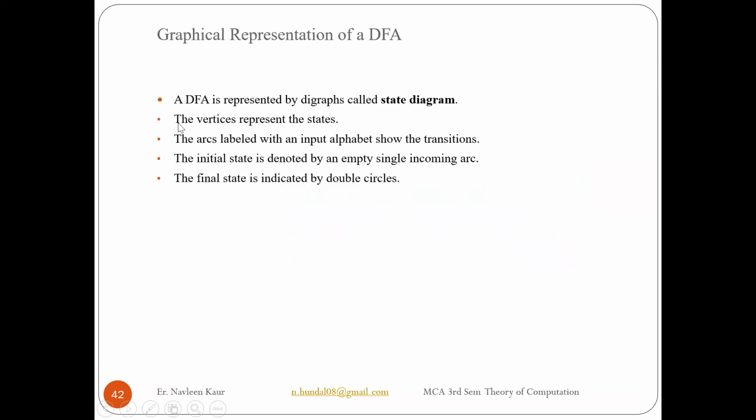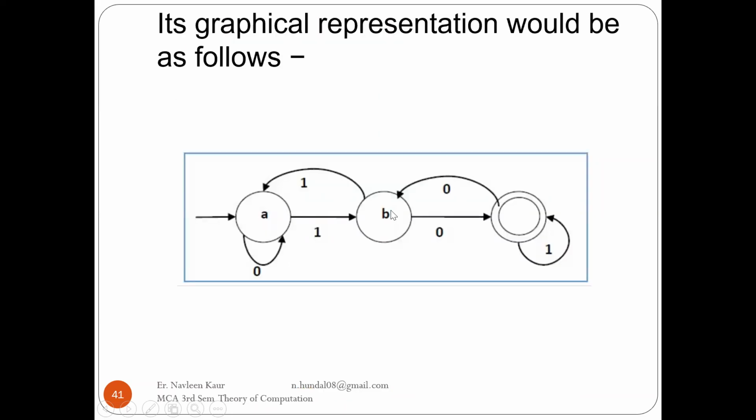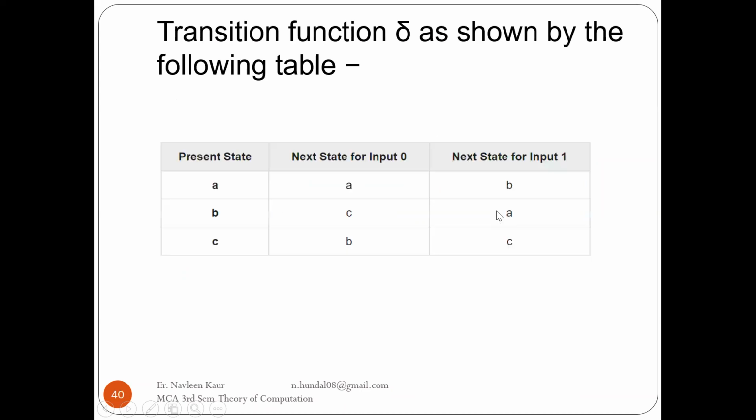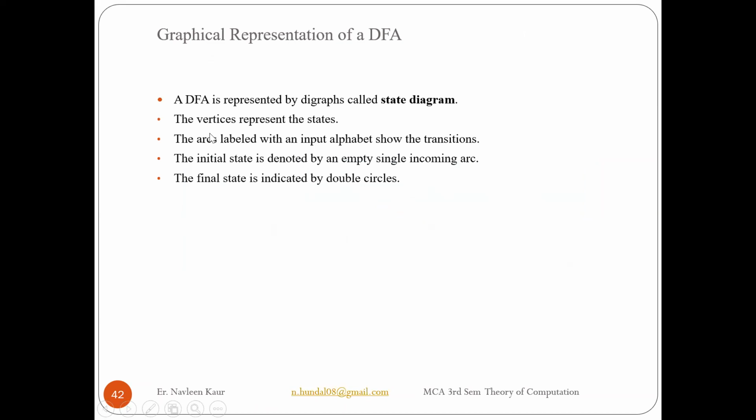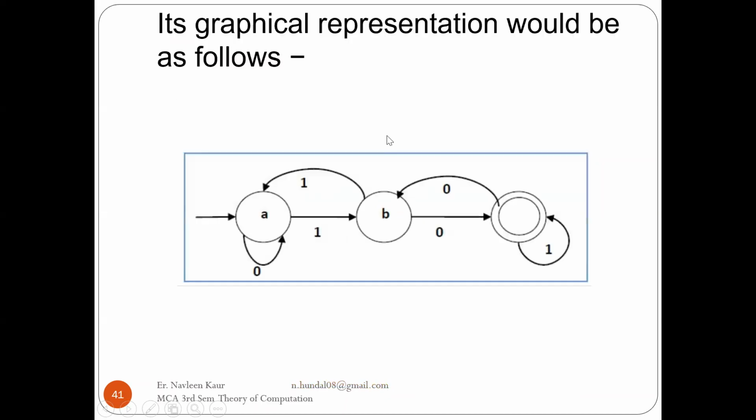Okay, now the vertices represent the states. These round vertices are represented as states in the graph, right? The arcs labeled with an input alphabet show the transitions. So this is an arc and it is labeled with some input alphabet and it represents the transitions.